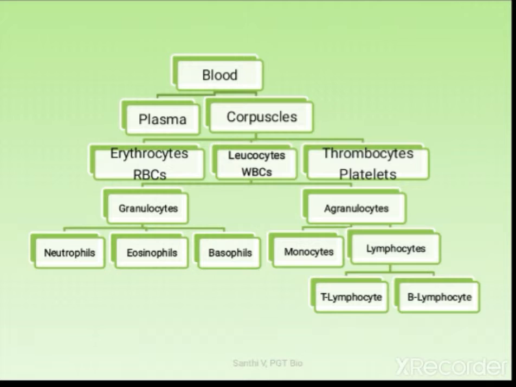Blood is mainly a fluid structure, and the fluid component of the blood is plasma. In plasma, various corpuscles are there: erythrocytes, leukocytes, and thrombocytes. The leukocytes can be classified into various categories: granulocytes or agranulocytes, according to the presence of grains in the cytoplasm.